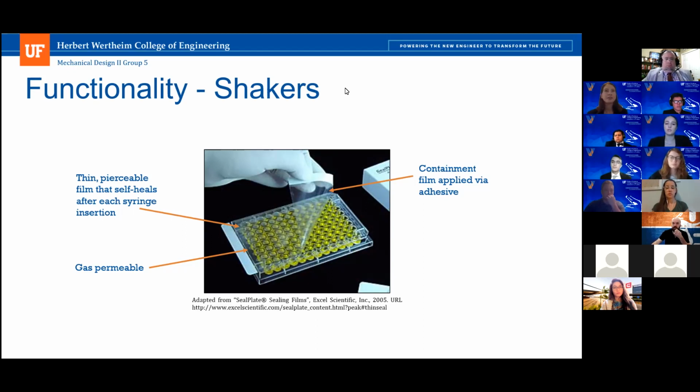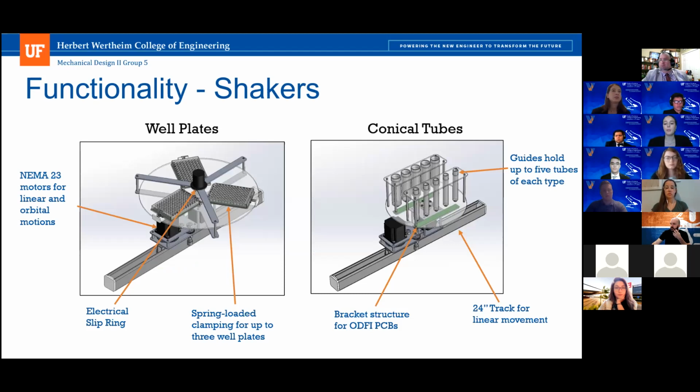One is designed to hold the well plates, and one is designed to hold the conical tubes. I'm sure that plate could be customized based off the customer need in order to accommodate both, because they both perform the same shaker patterns. But as of now, it is designed to have well plates in one compartment and conical tubes in the other. And there's no ability to transfer media from one side to the other? No.